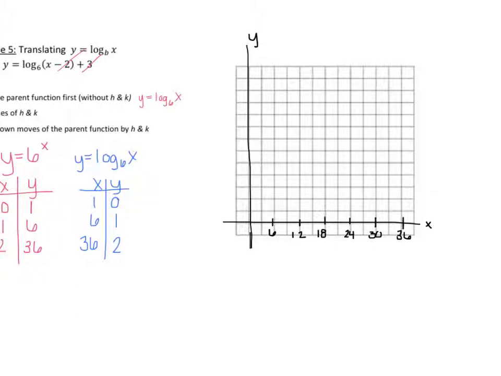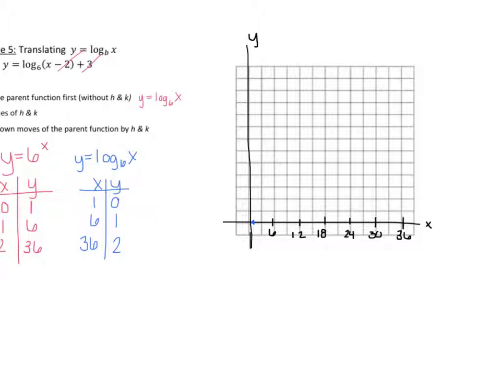I'm going to graph my points. So 1, 0. Remember that every tick mark on that is 6, so every block is 3. So going over 1 is just barely going over. It's a third of a box.